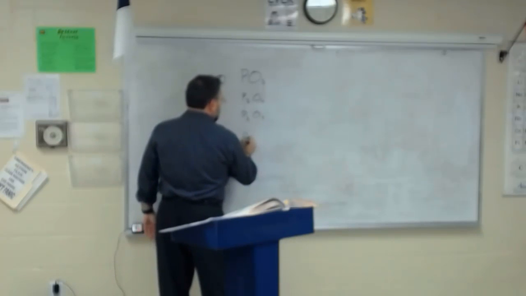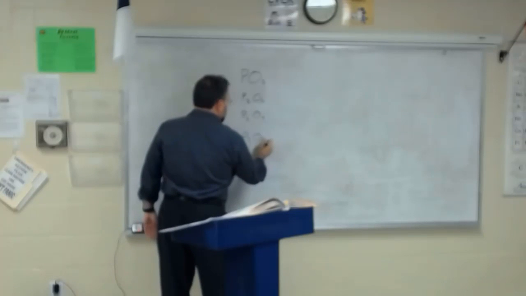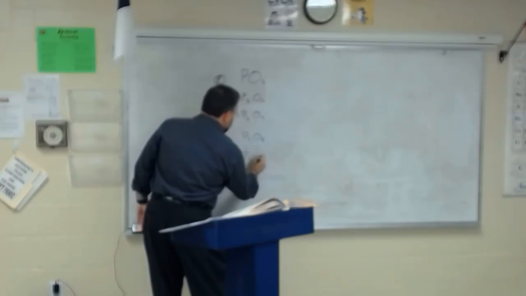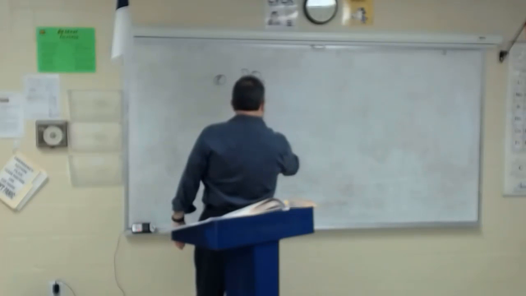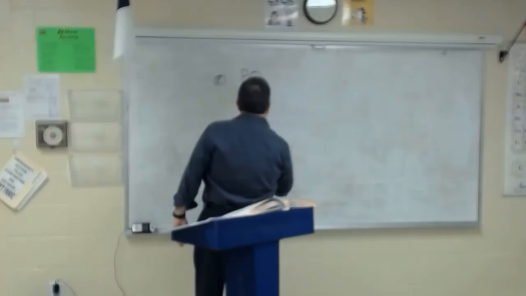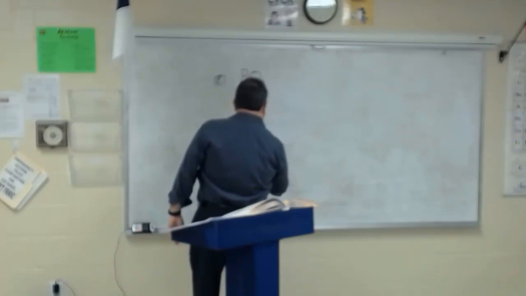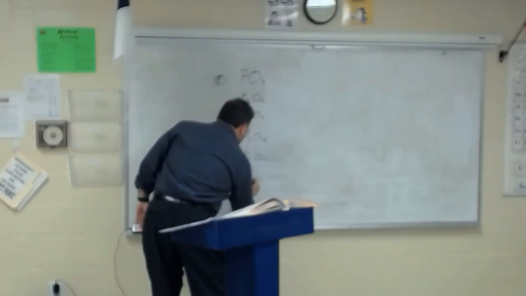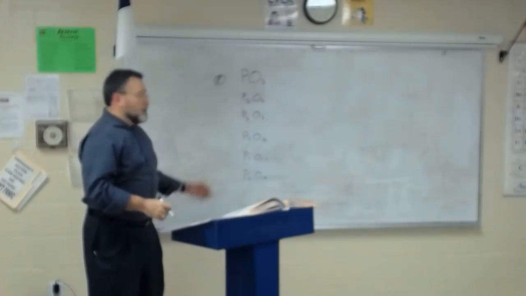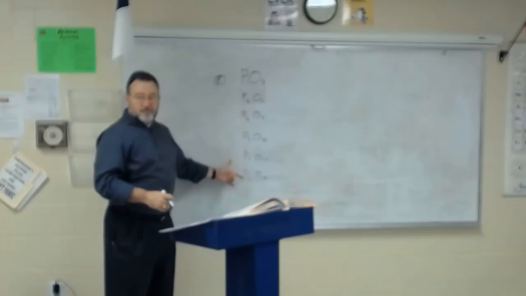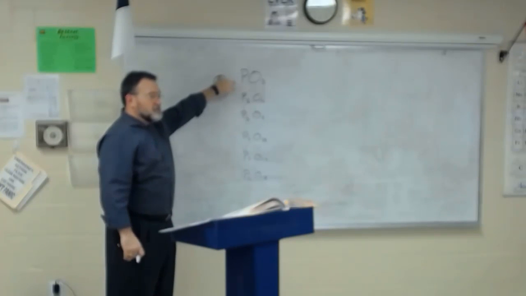Could also be P3O9. It could be P4O12, P5O15. Excuse me, 6, 9, 12, 15, right? One more. It could be P6O18. All of these represent multiples of this initial empirical.